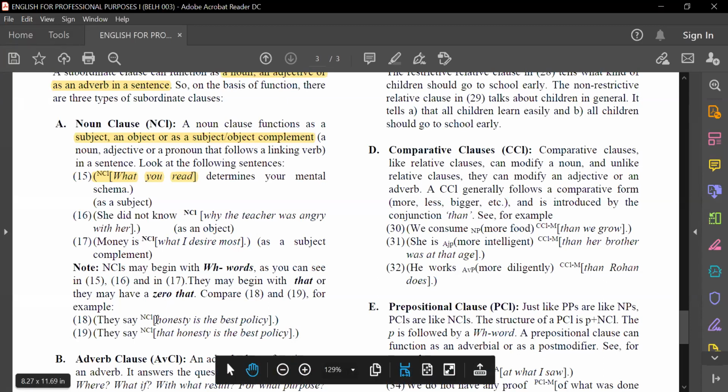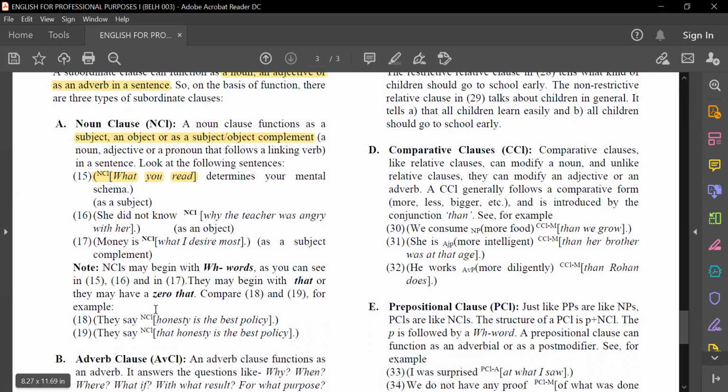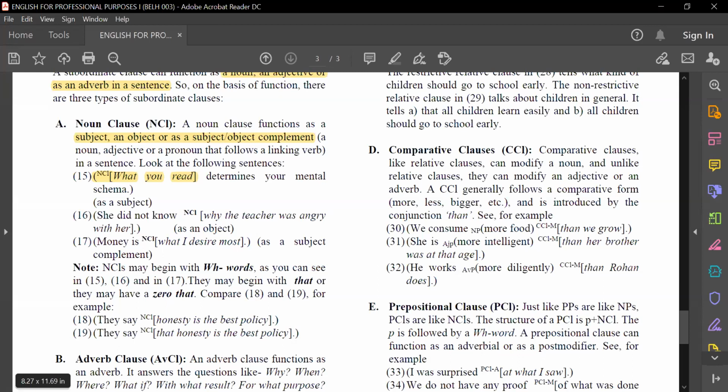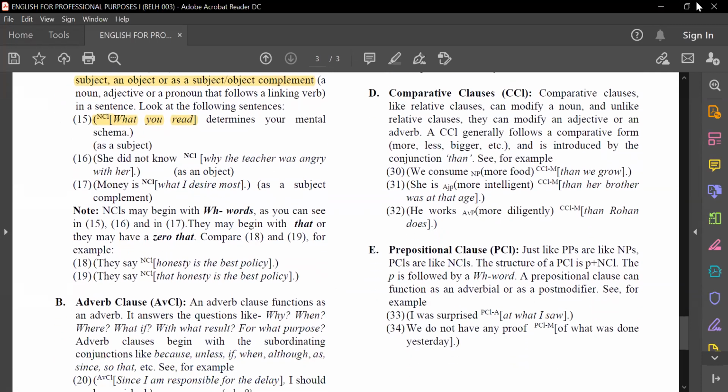This "that" can be the beginning of a noun clause, or it can also be dropped. Usually people don't use this "that". If they say "they say honesty is the best policy", this is pre-understood. This is also one type of noun clause, which can be understood without any problem.